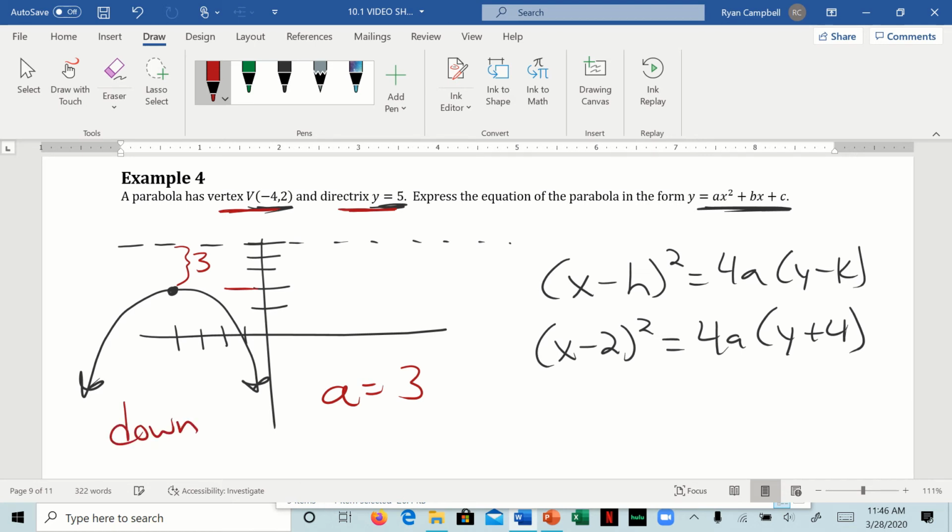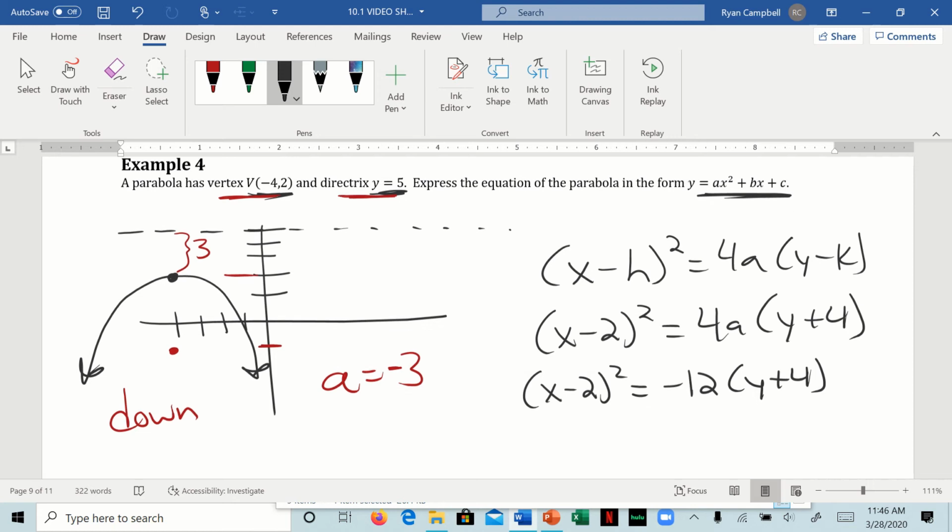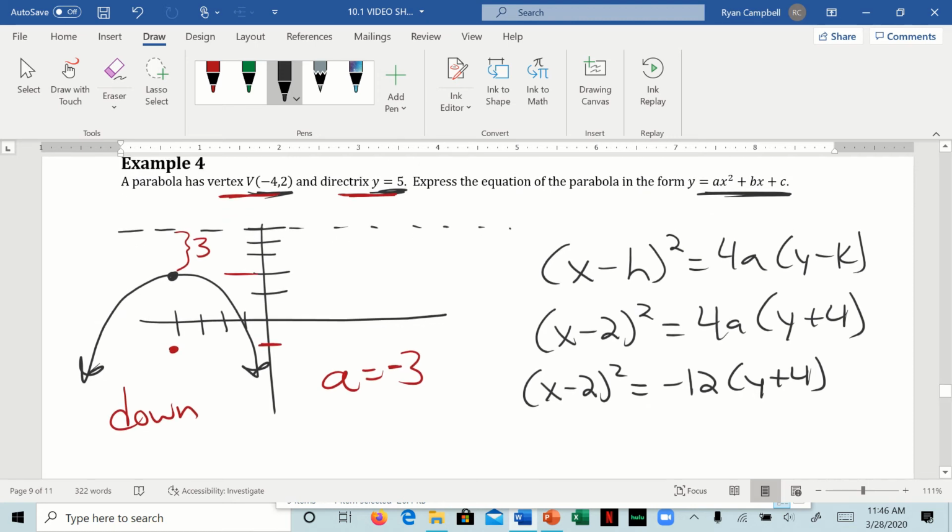It's going down. So a has to be -3, because if you're finding the focus, you would be going down 3 to find the focus. Good. So plugging that in, (x plus 4) squared equals -12 times (y minus 2). So that's it. That's our standard form for our parabola.